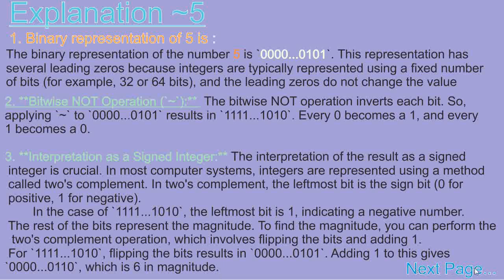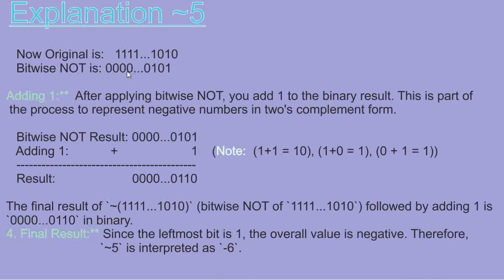Now we go to next page. Note here, after the first flipping we get it as the original number. Flipping again, using the bitwise not operator a second time, returns our number back to its actual original state. Now we add 1. After applying bitwise not, you add 1 to the binary result.